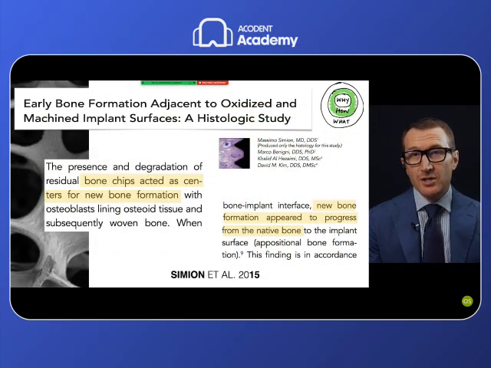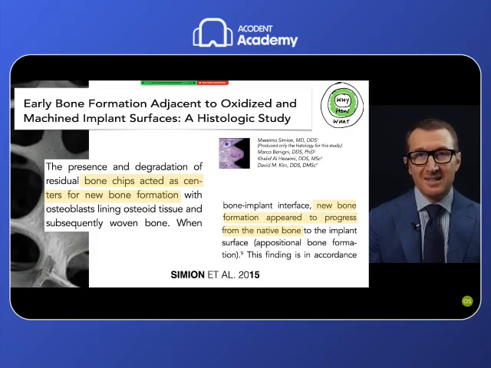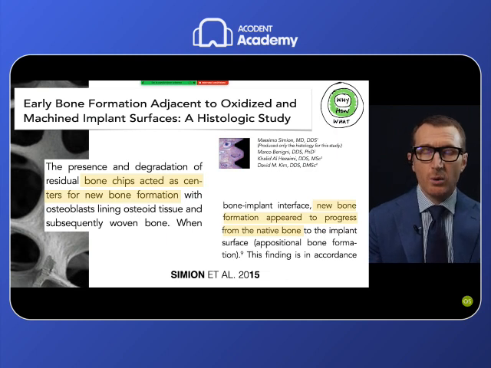And the literature indicates the positive effect of autogenous bone presence, not just in defect management, but even in the osseointegration process of the implants.